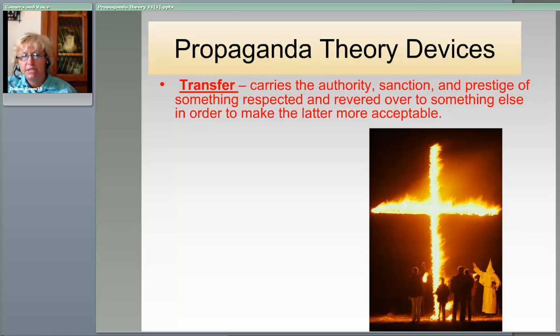Do you understand how then, look at this definition. They took the authority, the sanction, the prestige of something respected and revered, the cross, to try to make their racial hatred acceptable. That was a transfer. That's what propaganda theory would call a transfer. That was very cunning on their part, but what they did was very, very wrong.